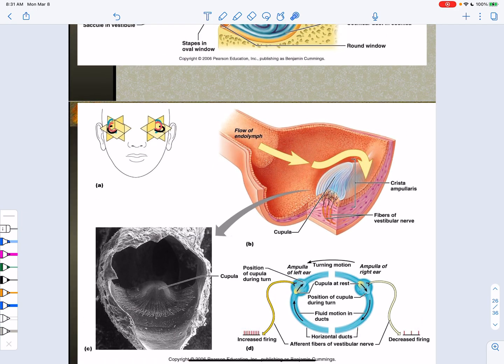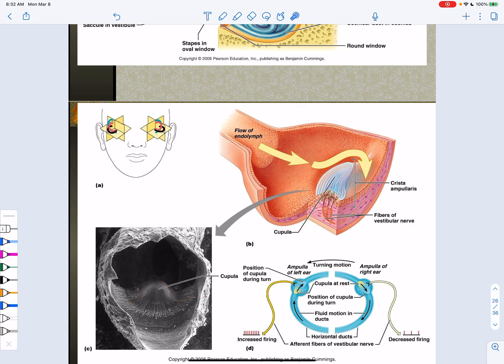And in one part of the semicircular canal, we have something called the cupola. And that is going to be a large, comparatively, bump that appears in the middle of your semicircular canal.